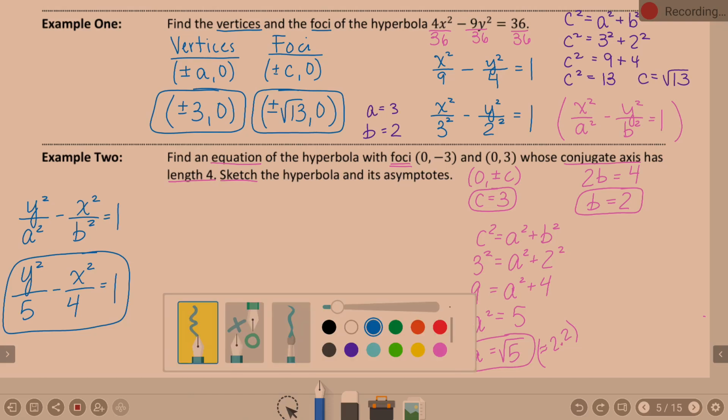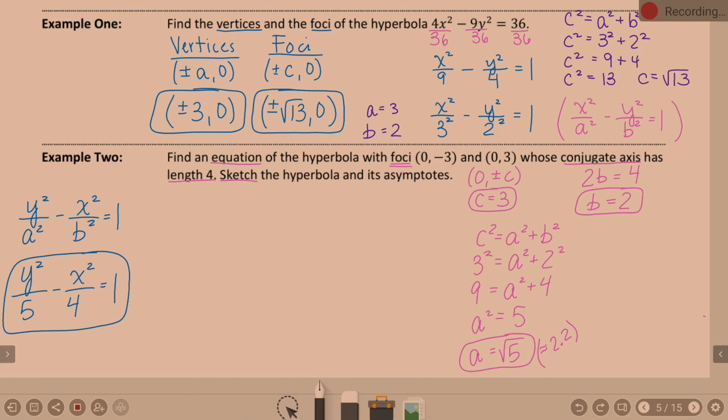Okay. Let's sketch a graph. Now, make sure you follow along here. Hyperbolas are a little bit different creatures. Definitely a little bit different than our ellipses. Now, with this in mind, let's see, what's our biggest value?